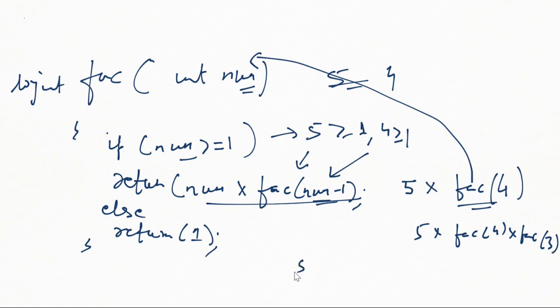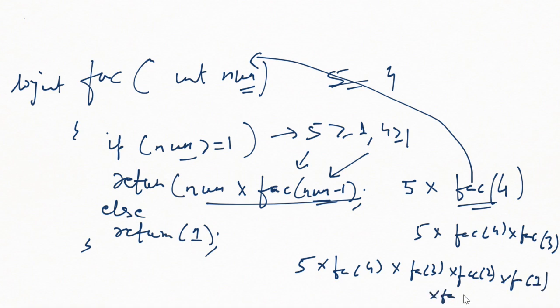So these calculations keep on going. 5 multiplied by factorial 4 multiplied by factorial 3 multiplied by factorial 2, and 2 is greater than 1, it comes again, 1 is equal to 1, it comes again, and 1 minus 1, factorial of 1, and then finally multiplied by factorial of 0. So this return statement is doing this thing.